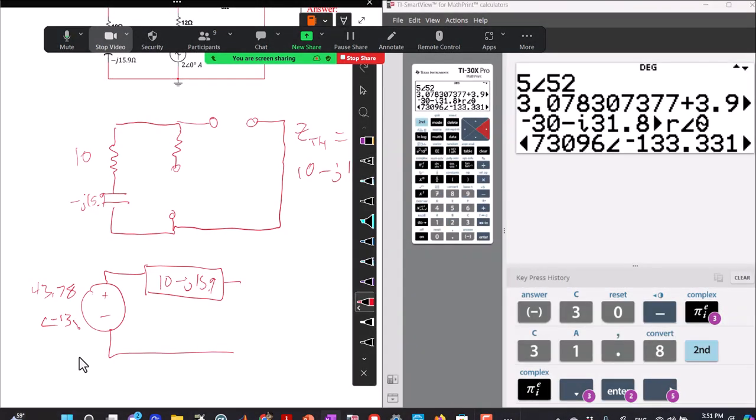So that is my Thevenin equivalent, with a plus minus like that.